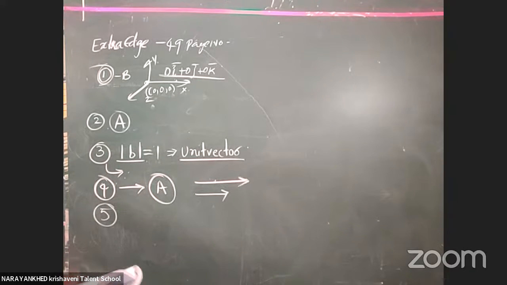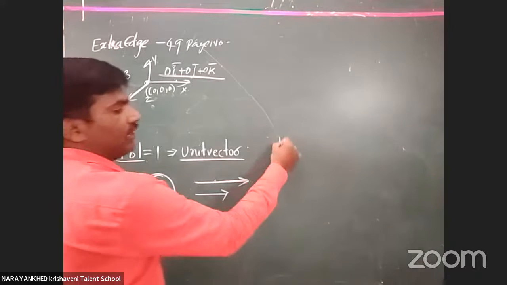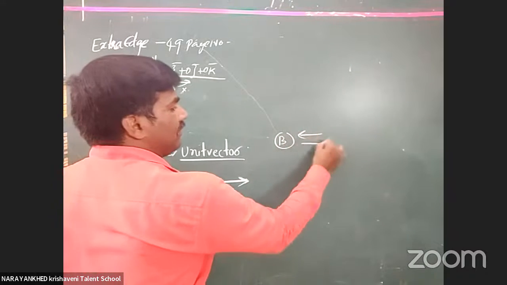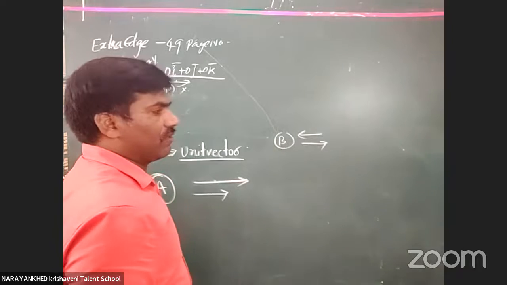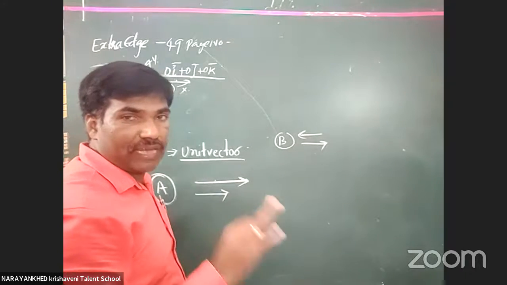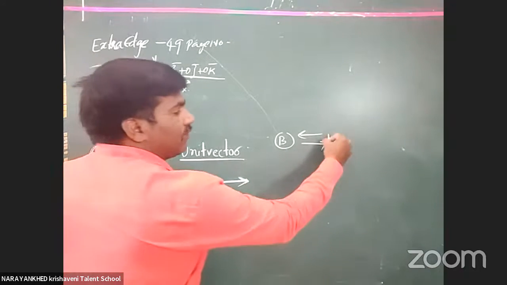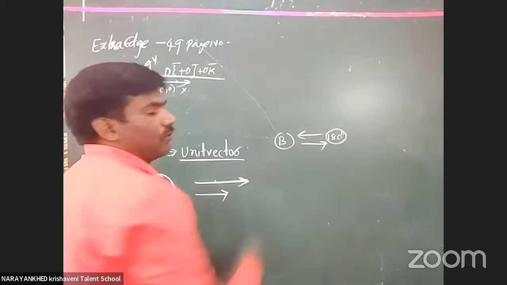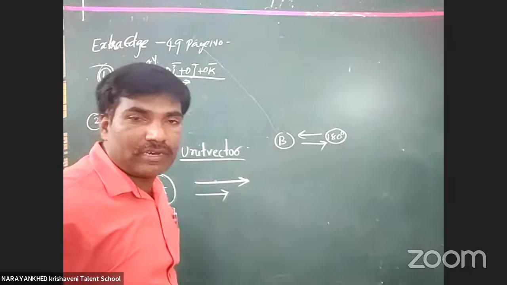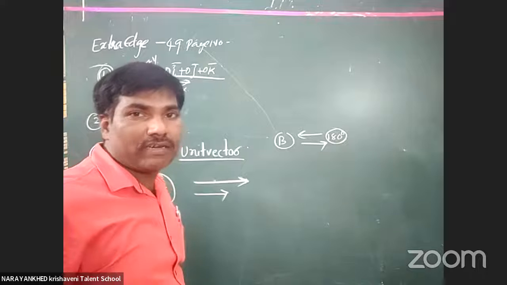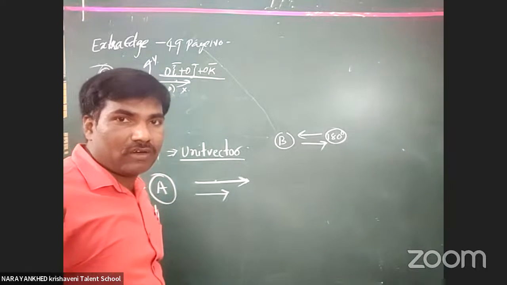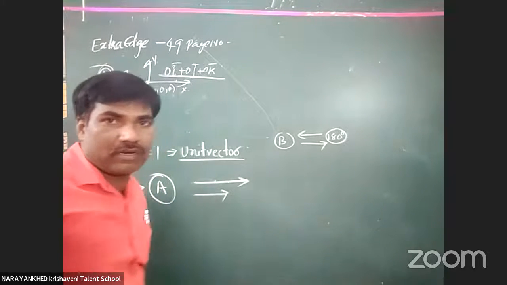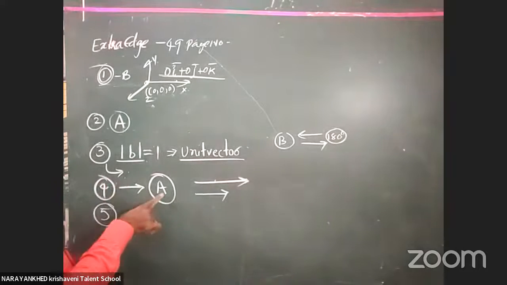Next, there is anti-parallel. Option B. What did they say in option B? Opposite in direction. Clear? When they are opposite in direction, the angle between the two vectors becomes 180 degrees. That is why it does not become a parallel vector. It is a pure anti-parallel vector.